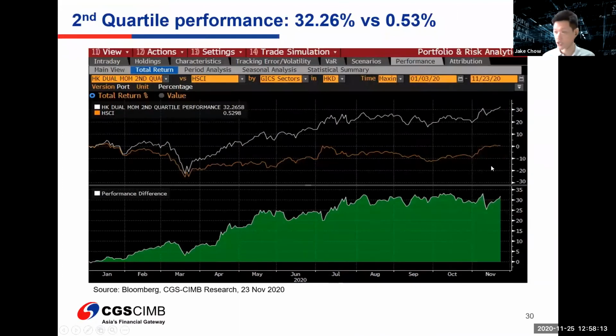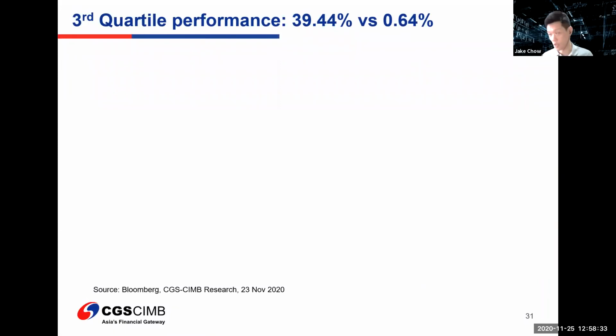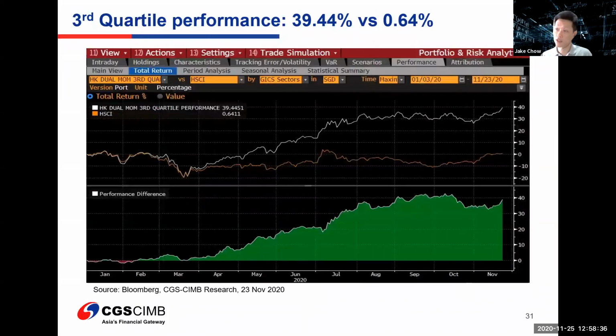And this chart shows the second quartile. So basically, I'm repeating the process. I'm forming a portfolio on the second quartile signals, and for the past 11 months, this is the performance, 32% against 0.5% of the HSCI. This is the third quartile performance. We see that the third quartile slightly outperformed the second quartile, and is having 39% against 0.64% of the HSCI.